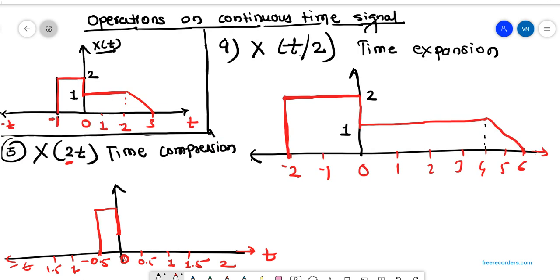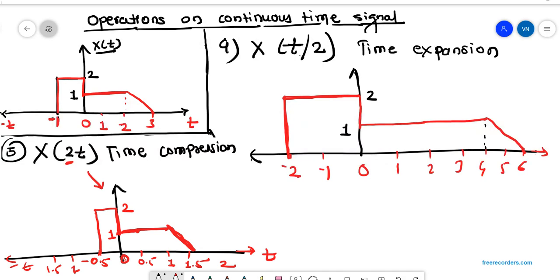Whatever the amplitude for 1, now that is at 0.5, for 2 now that will be at 1, and for 3, now that will be at plus 1.5. So basically whatever the signal is there, that signal is compressed. The amplitude is again the same, we are not doing anything with the amplitude, we just have changed the time.